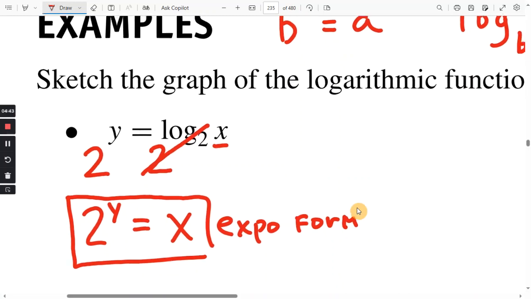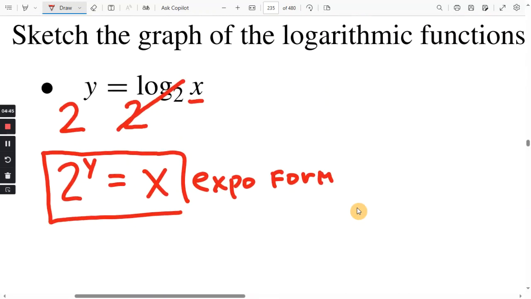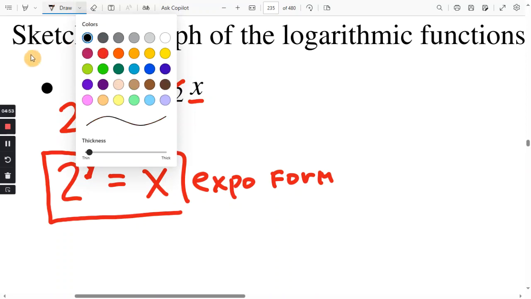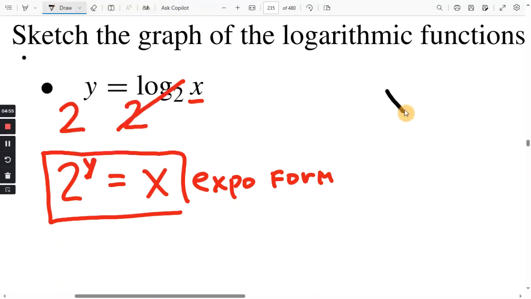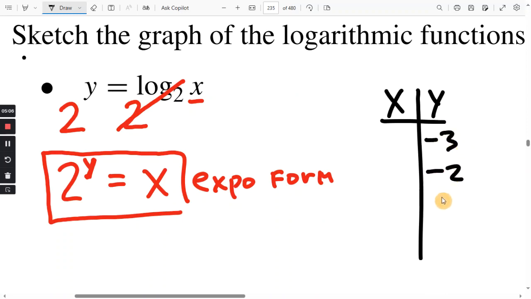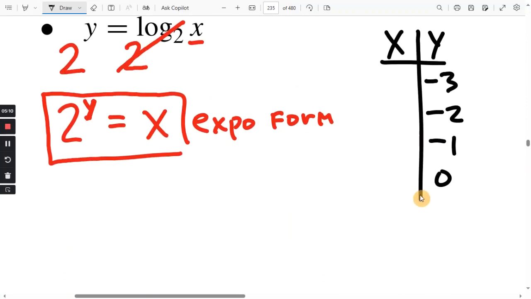Before I go to the graph, let's put some points in here. This is a y, by the way. This is not a 4. And remember, for exponential functions, for the y, you do -3, -2, -1, 0, and then 1, 2, 3.